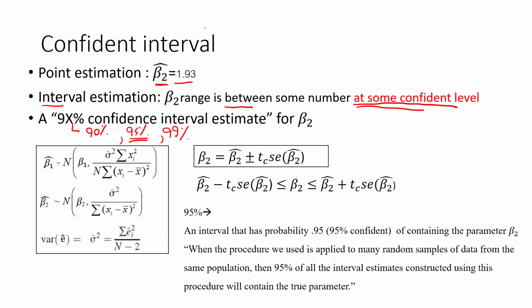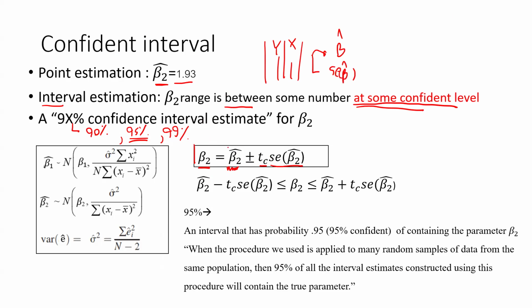To construct the confidence interval, we use this formula. The real beta equals what we estimated, plus and minus the critical t multiplied by the standard error. In the previous chapter, we had data and we already estimated beta and the standard error.